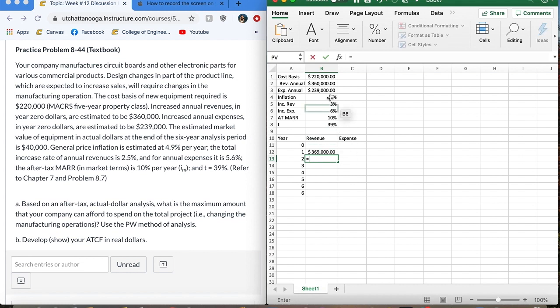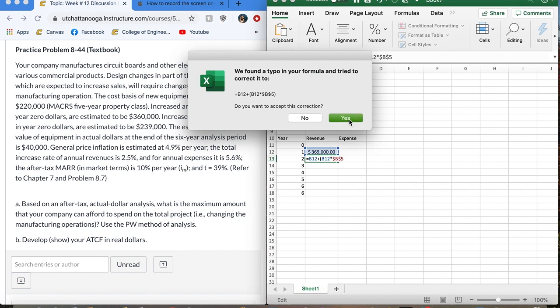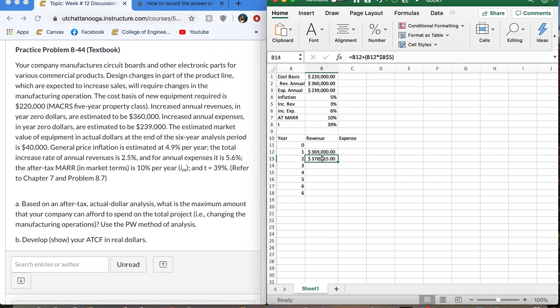We'll do it one more time. And then you can just drag this down. End up with 417 at the very end of that.